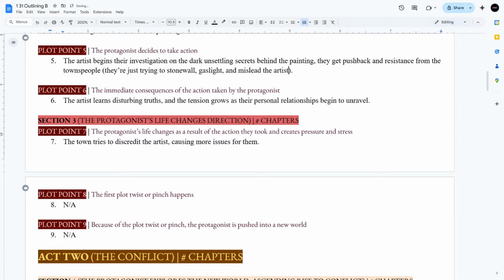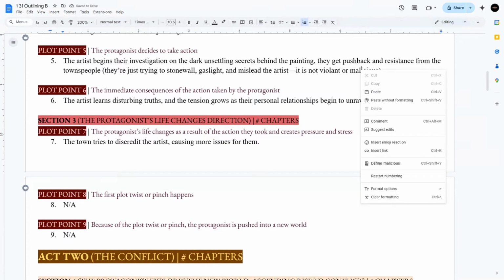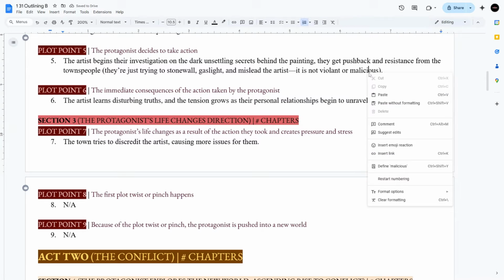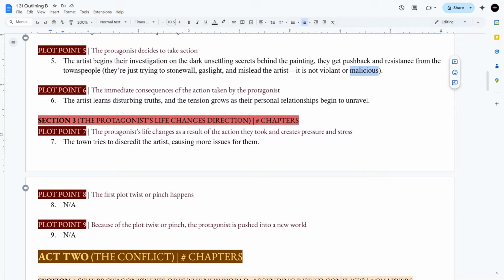All right. So it is not violent or malicious. Did I spell that right? I think I did. Yeah, look at that. Sometimes I don't trust myself because of my spelling.